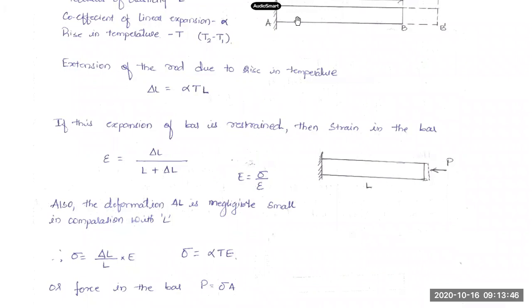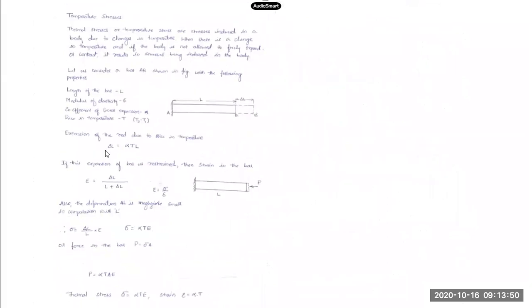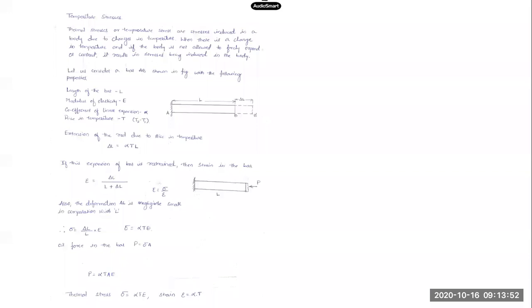18 CV 10. Are you there? 18 CV 010. Yes, sir. Is that clear? Any doubt in that part? No, sir. Who is there? 19CV008? Yes, sir. How do you find the temperature stresses expression?